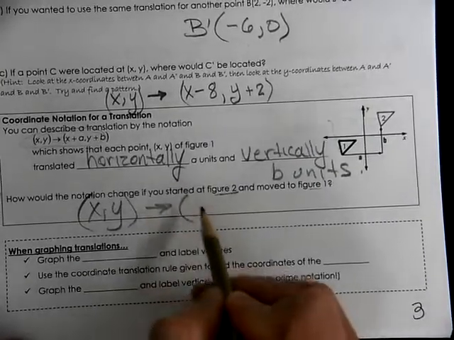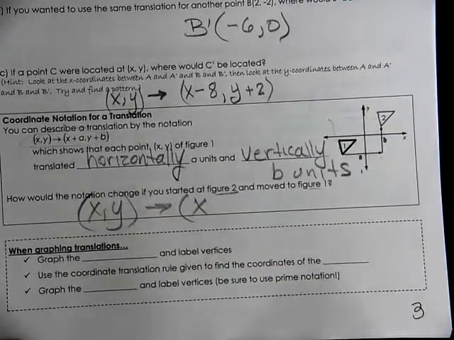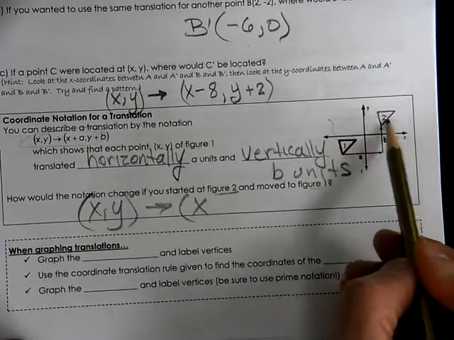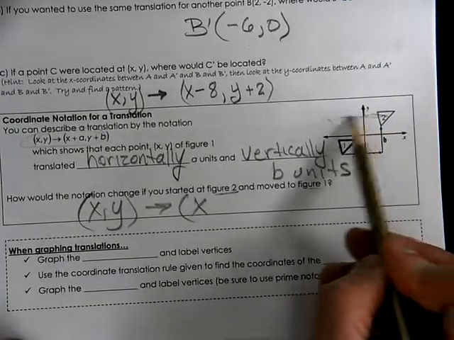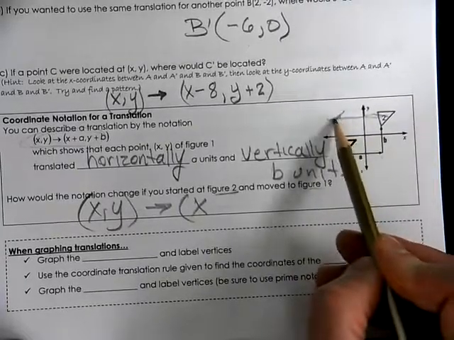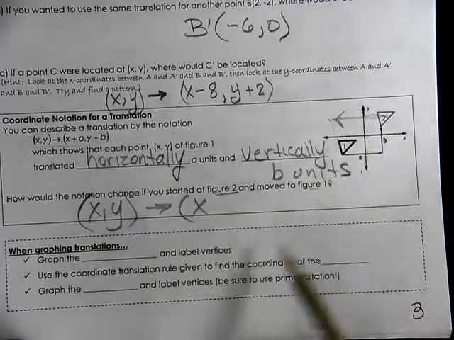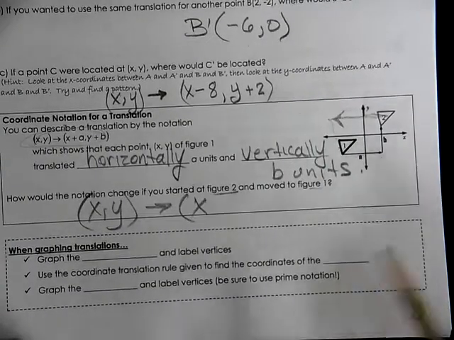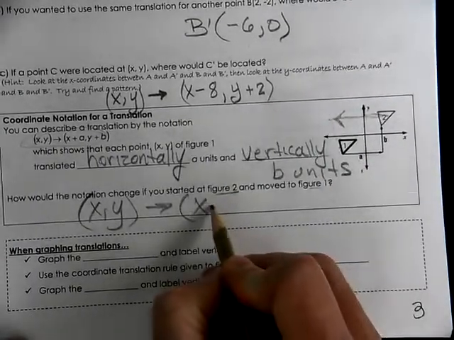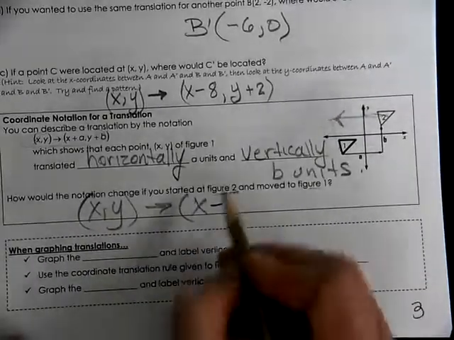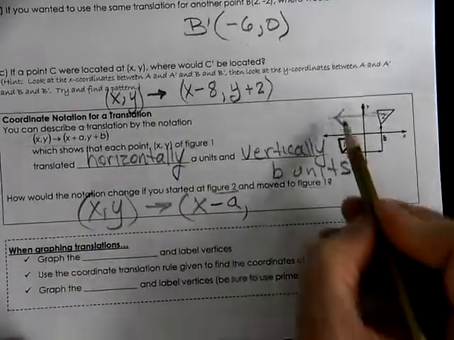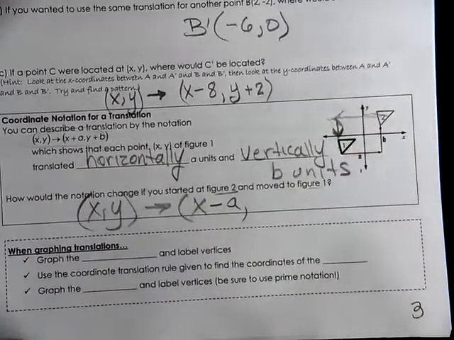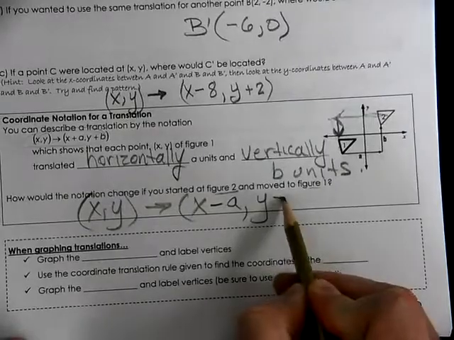Then we use a parenthesis x. What are we going to do with x? If you're starting at 2 and you had to move over to 1, how far to the left do you suspect we'd be going? It's not a number. What are we going to represent this distance as? a, distance a. So we're subtracting, because it's left, subtracting a, and then we're moving down, so subtracting, what do we call that? Minus b.